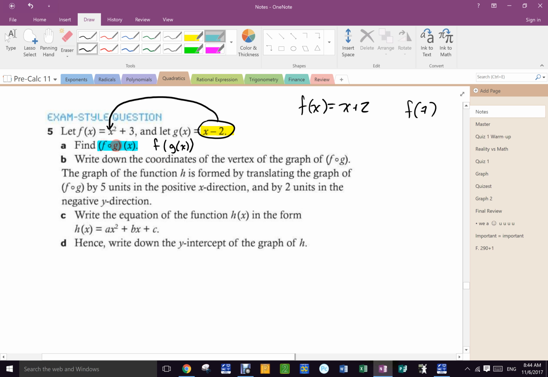The f of the g of x. So, if this is the g of x, and I want the f of the g of x, what did I do with that x?